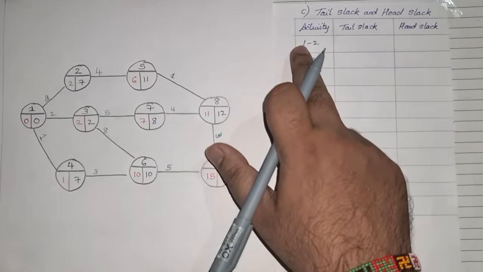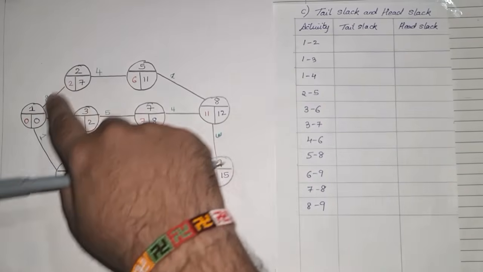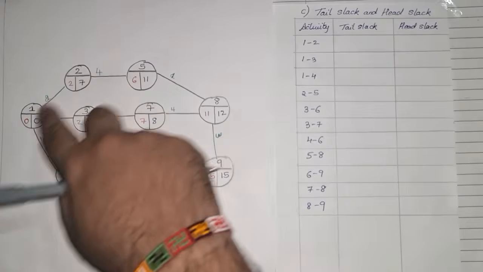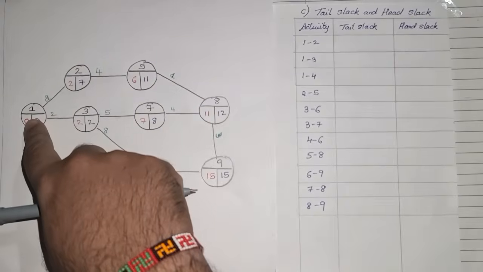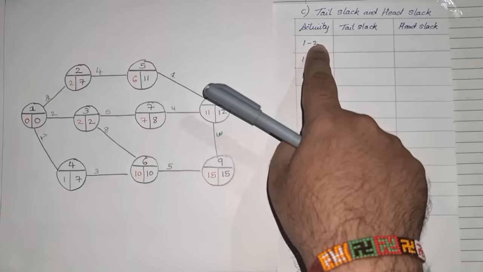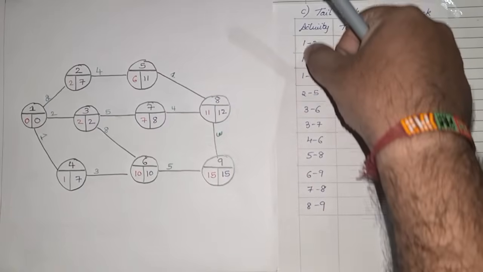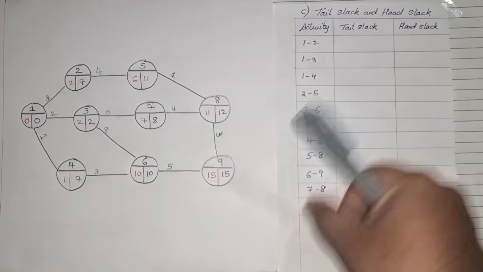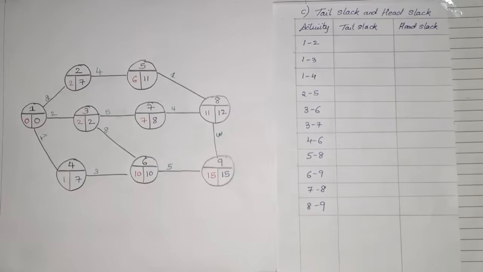For activity 1 and 2, the first one will be the tail and the second one will be the head. For tails you look at the first value, and for head you look at the second value.